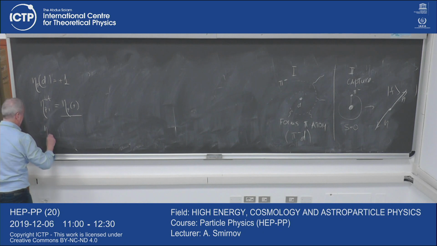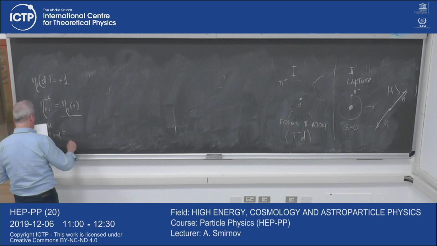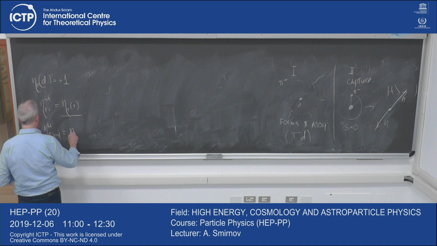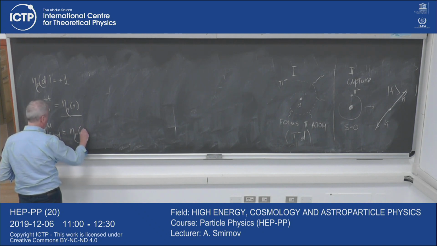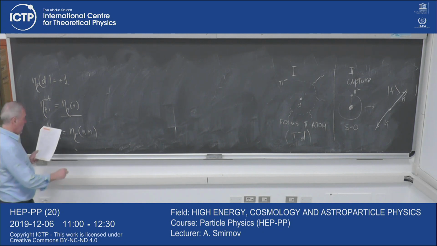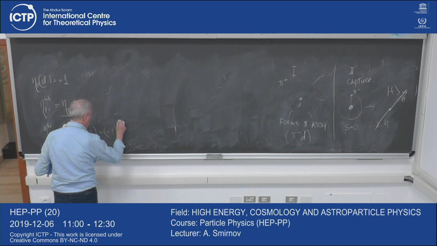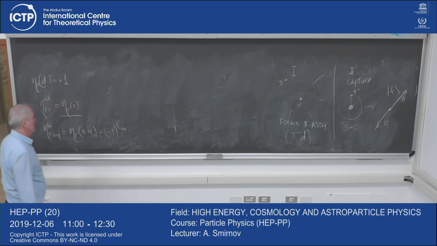Final parity, or final state, equals parity of 2 neutrons, which is given by -1 and then the orbital motion of 2 neutrons.